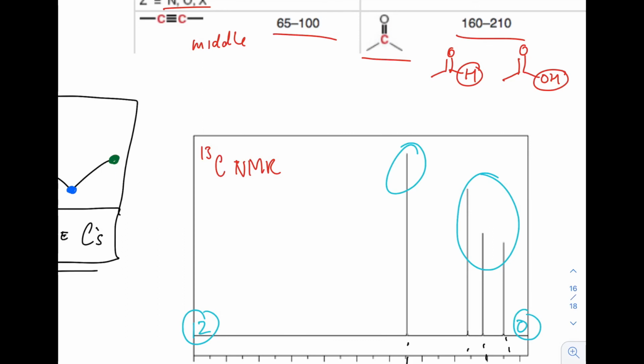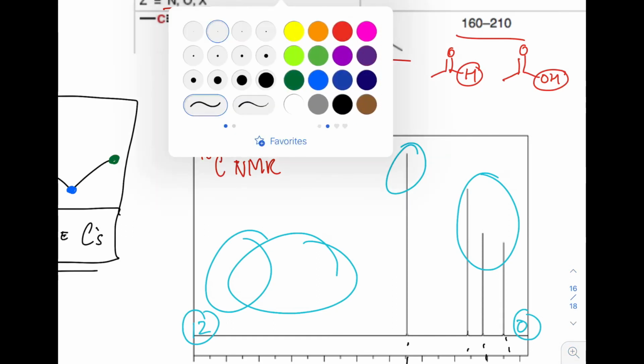And then over here, this is where we would start to see the aromatic resonances, and then our aldehydes and carboxylic acids. And so you can kind of just visually estimate where those things are going to show up. And this is really helpful to do, and I would strongly suggest you do that.